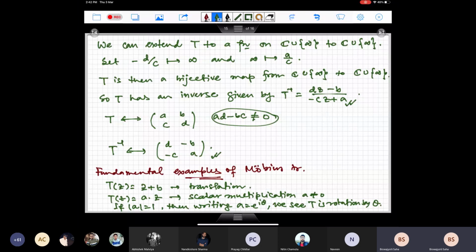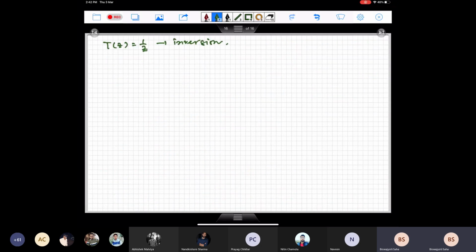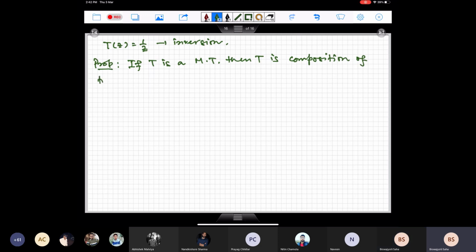And now, why do I call them fundamental examples? Because of the following proposition. So what is the following proposition? If T is a Mobius transformation, then T is a composition of translation, scalar multiplication, and inversion.